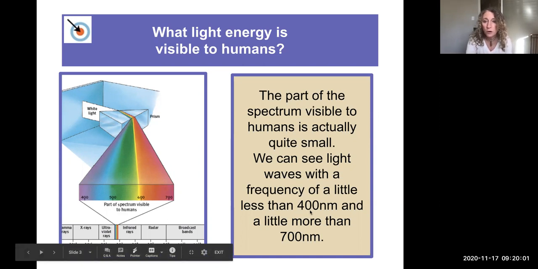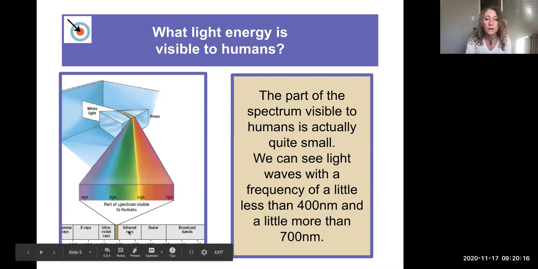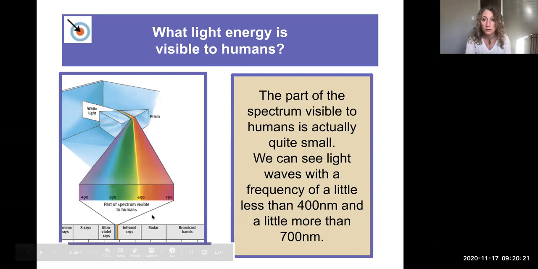It's about 400 nanometers, the wavelengths, to a little more than 700 nanometers. So anything that's below the visible spectrum, we call ultraviolet rays. For example, bees see ultraviolet rays, and then above is infrared rays. Right? So that's the visible spectrum.